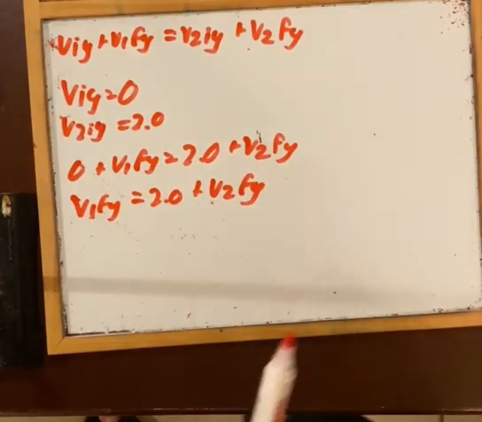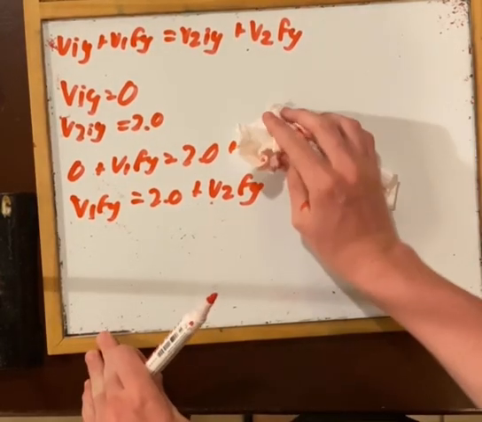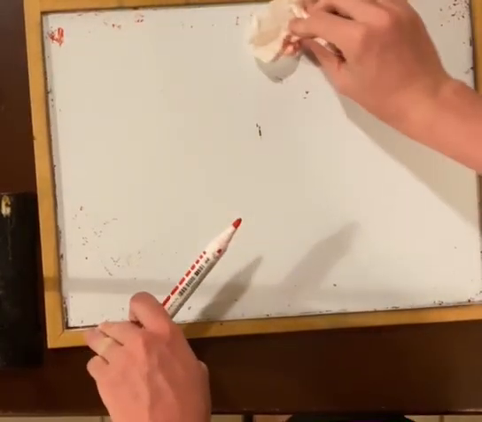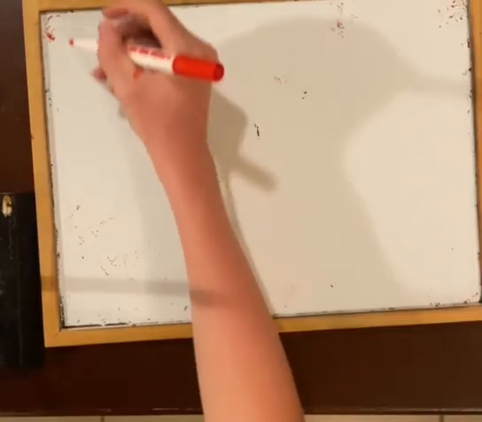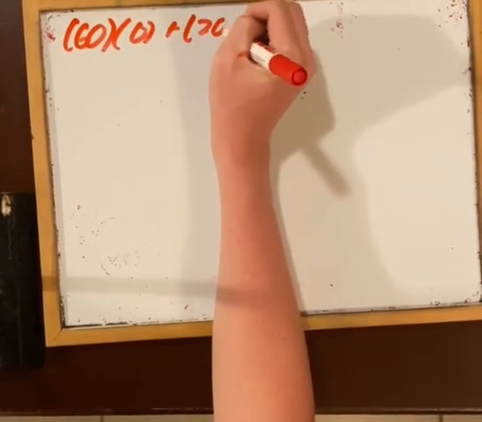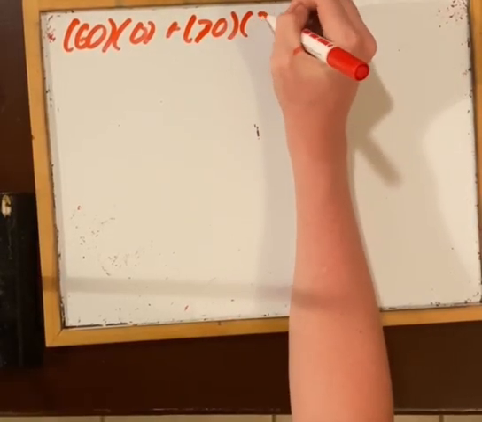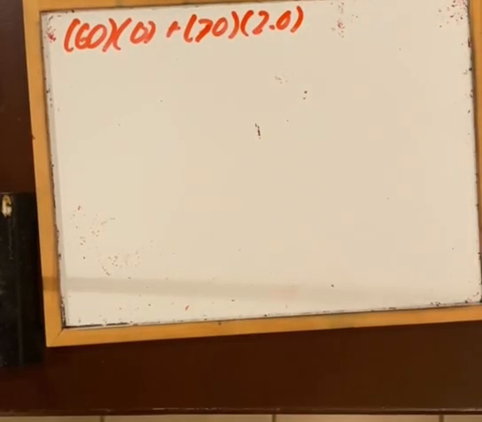Now I have to plug into the y momentum equation. Erase this for a fresh start. So it was 60 times 0 plus 70 times 2.0.